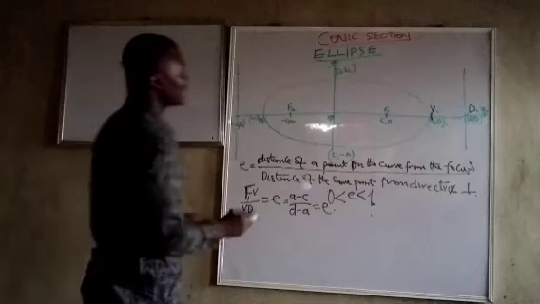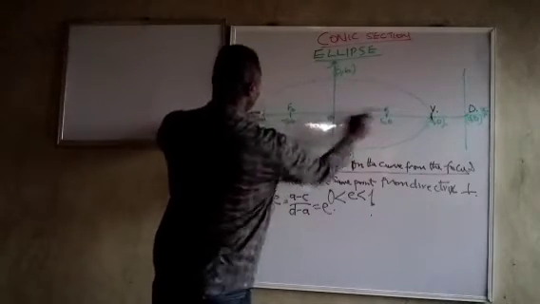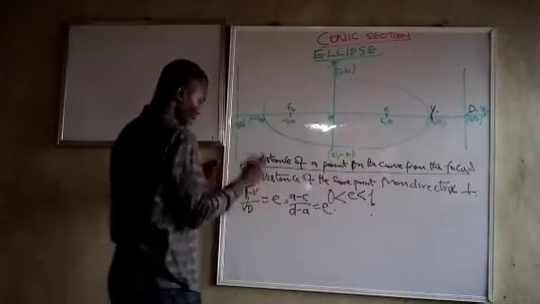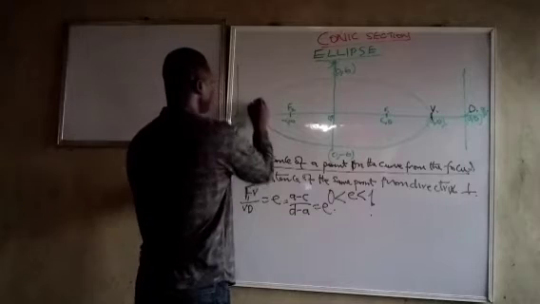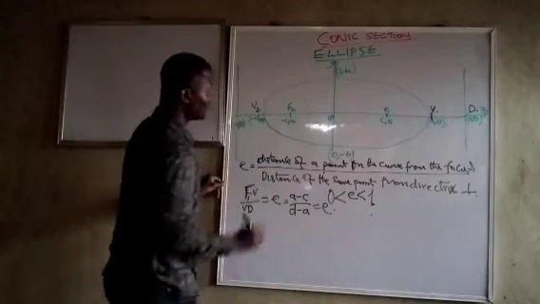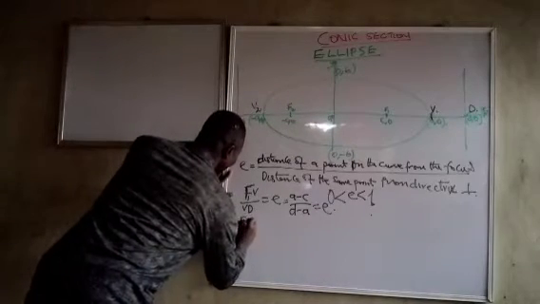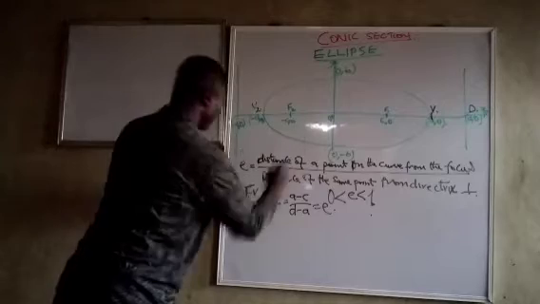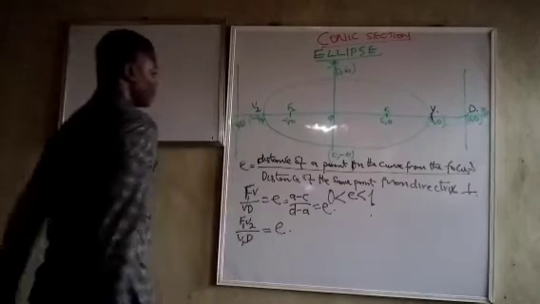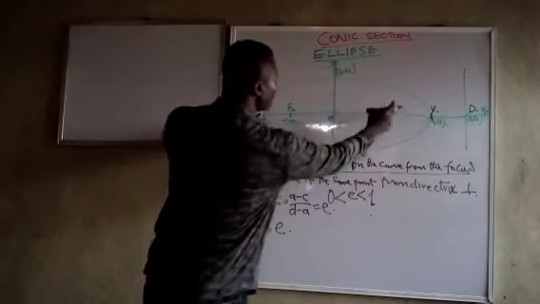Fine. Now let's look at another thing. This place from F1 and this place from D there is also E. Let's call this place V2. F1V2 over V2D is equal to E. So what does that give us? What is the distance of V2 to F here?